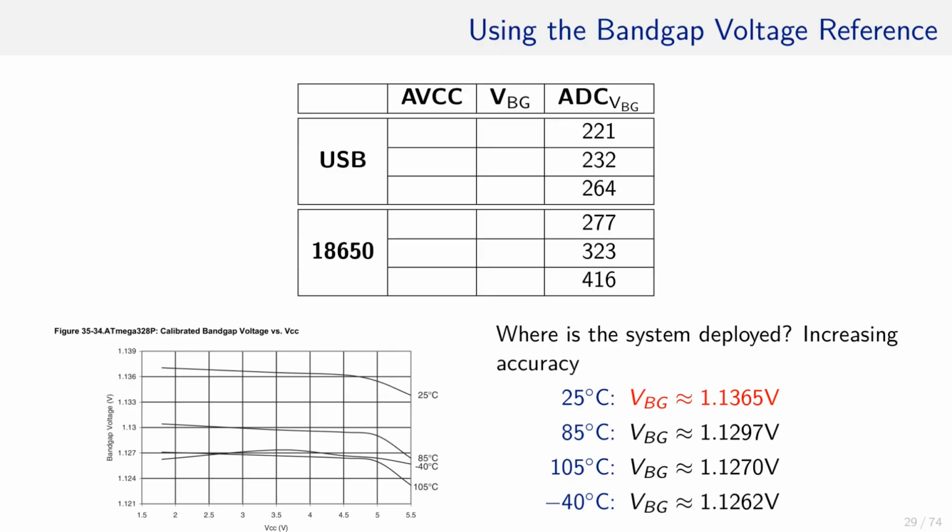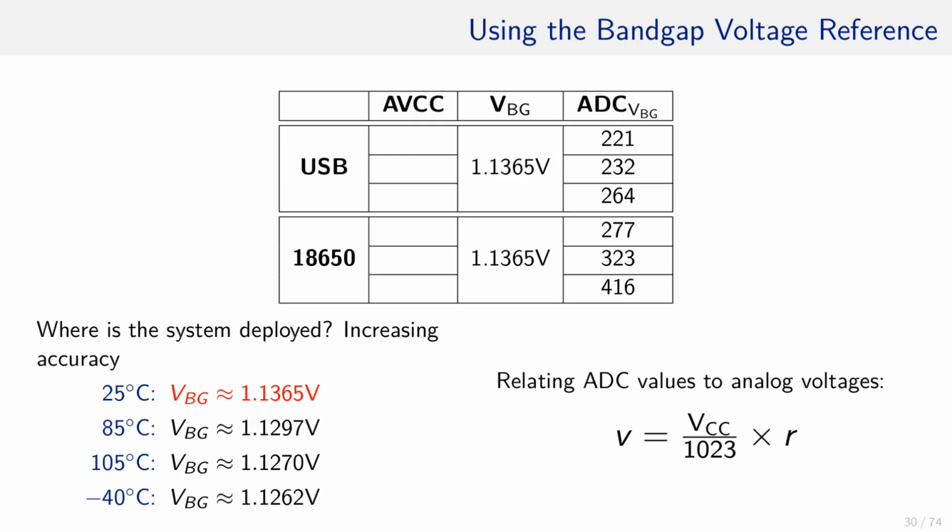If you are aware in what temperature environment the ATmega is deployed, you can easily predict the bandgap reference for increased accuracy. As an example, let's say the ATmega runs at 25 degrees Celsius and we fix the bandgap reference to 1.1365 volt. What can we do with that now?